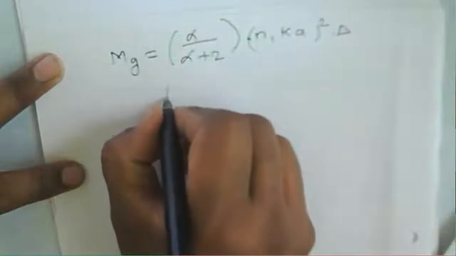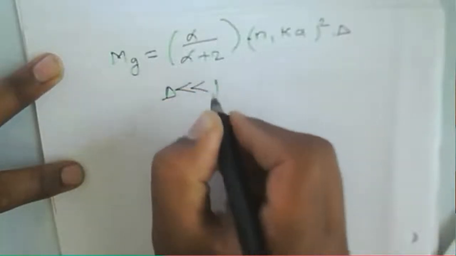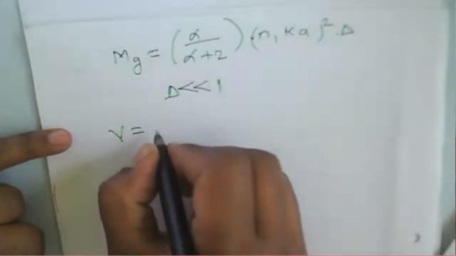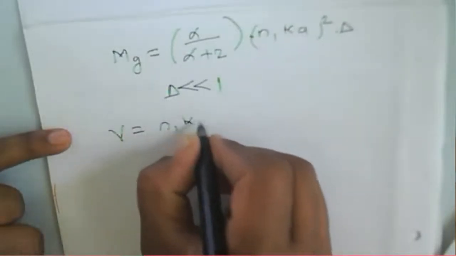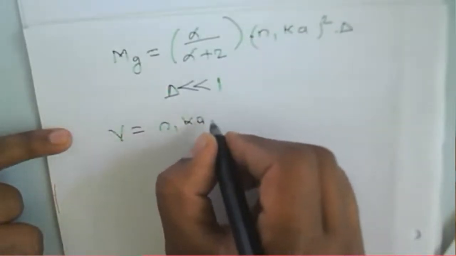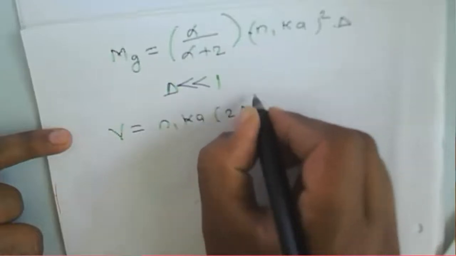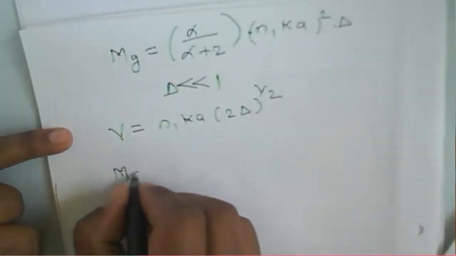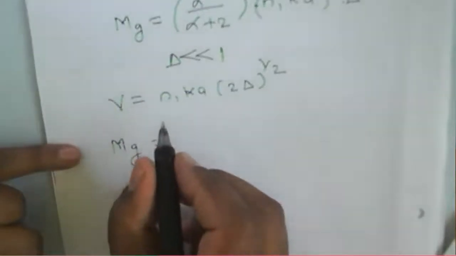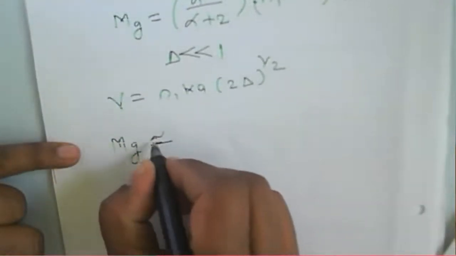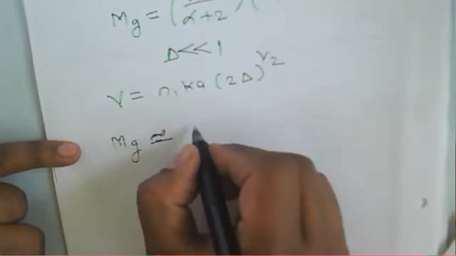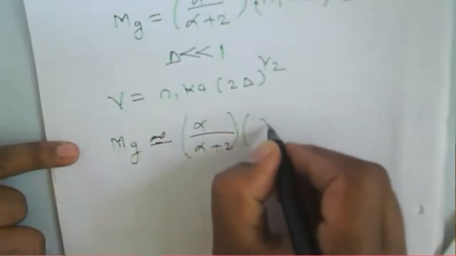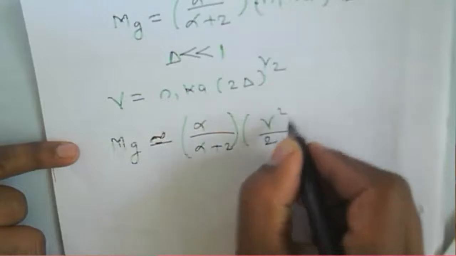Since we consider that del is small, the V number is nothing but n1 k a into twice del raised to 1 by 2. So if we solve, the number of modes propagating through this guide will be alpha by alpha plus 2 into V square by 2.